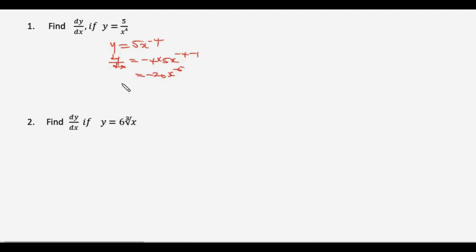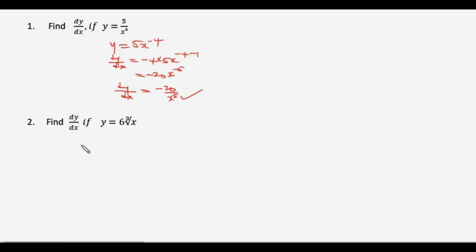So we have here dy/dx, and the laws of indices again, minus 20, you write your minus 20, and then you can bring x raised to the power 5 down for you to get rid of the negative sign. So this is our dy/dx value. So this is the answer for this question.